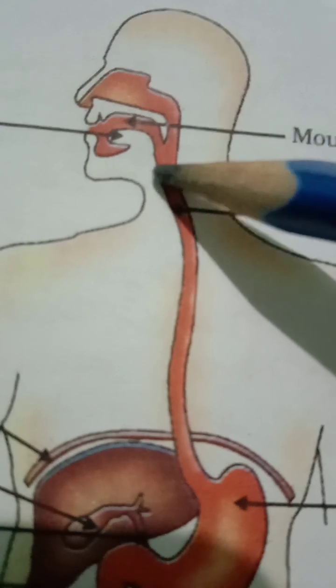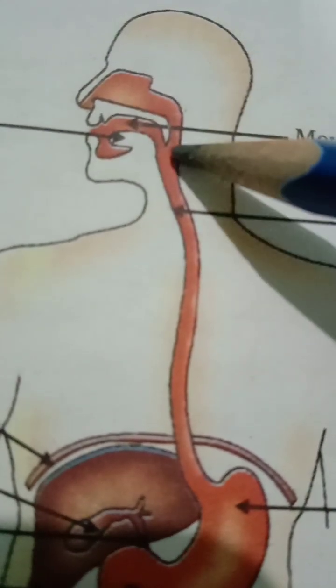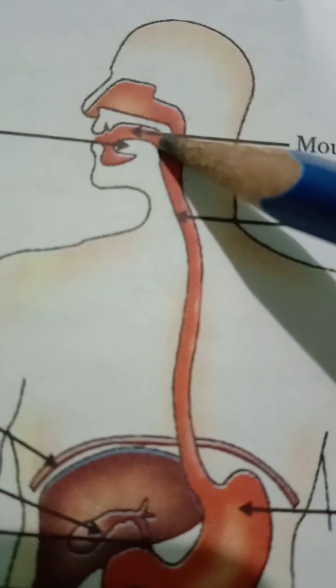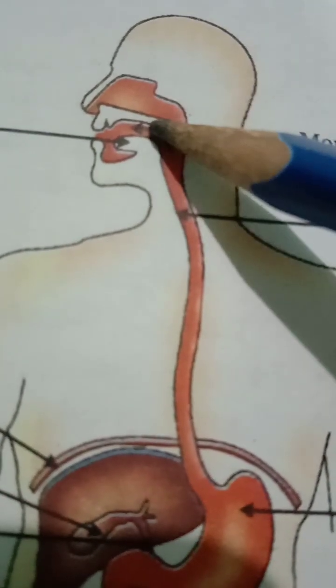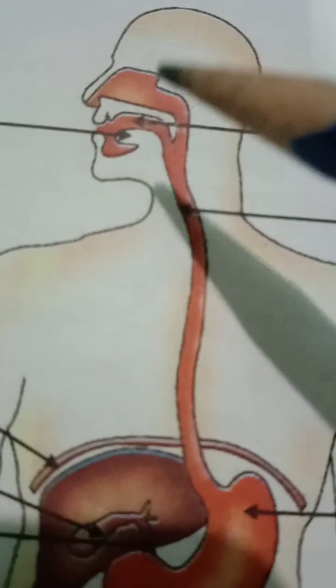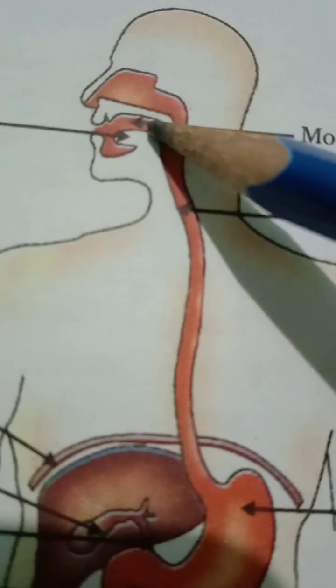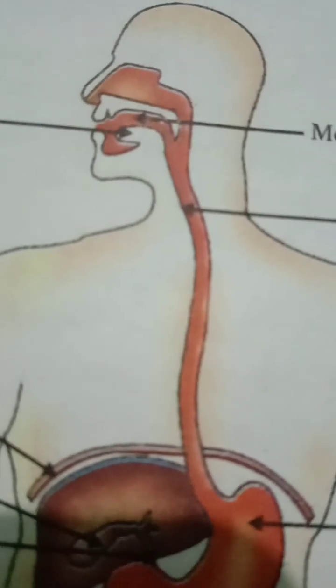These are the glands which secrete saliva. This saliva produces salivary amylase, one of the important enzymes which starts the digestion of carbohydrate.